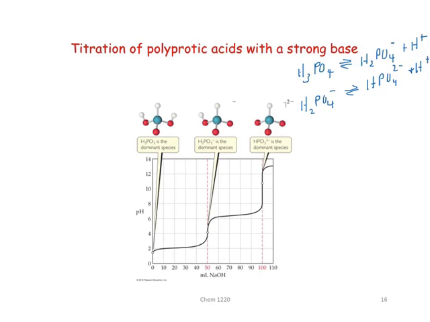And there's even still another proton that can be given off. So then we can have a third equilibrium: HPO4 2 minus dissociates to give us phosphate ion, PO4 3 minus, plus another proton. Okay, so we should see an equivalence point for each of these acid-base reactions.